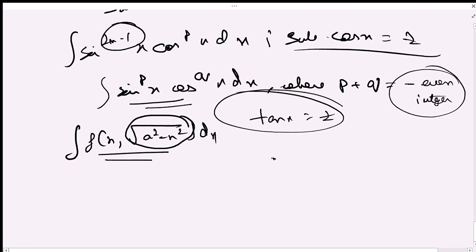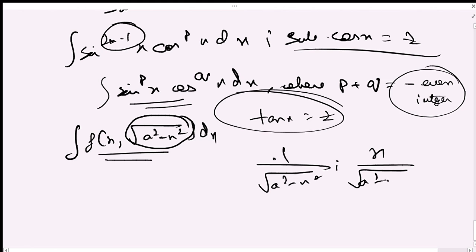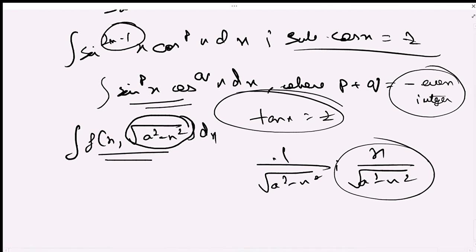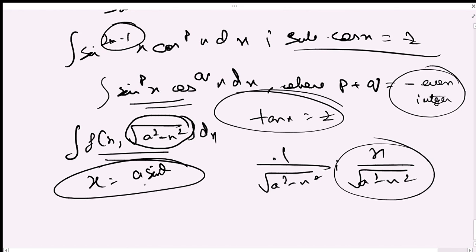Suppose you have say 1 over root over a square minus x square, or x over root over a square minus x square. Getting it? So basically you have two types of elements in the particular function, root over a square minus x square, or x. What you will be doing here is that you will be assuming x equals a sin theta. You are done with your answer.